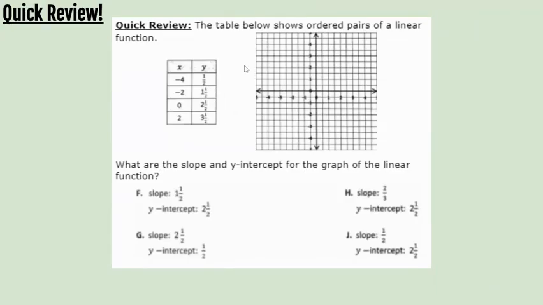Okay, so quick review. The table below shows the ordered pairs, and we want to know if it's linear or not. One of the things you can do is change in y over change in x.